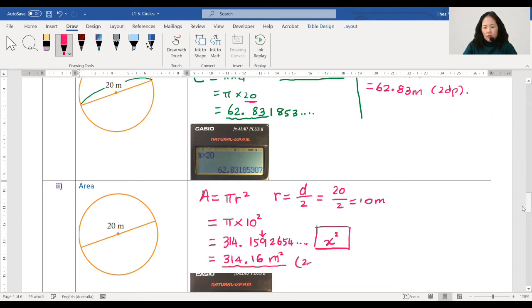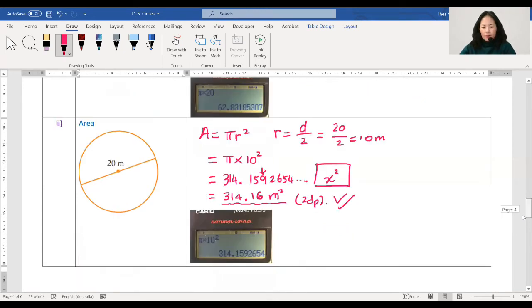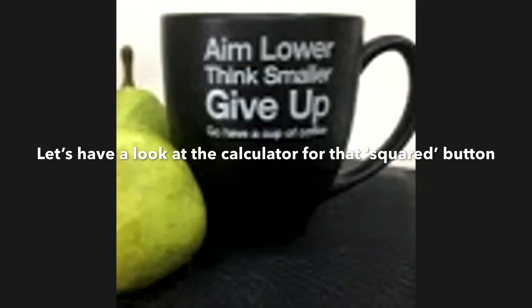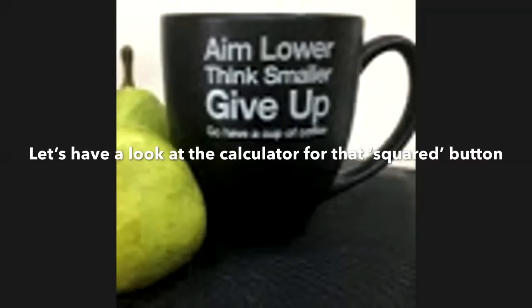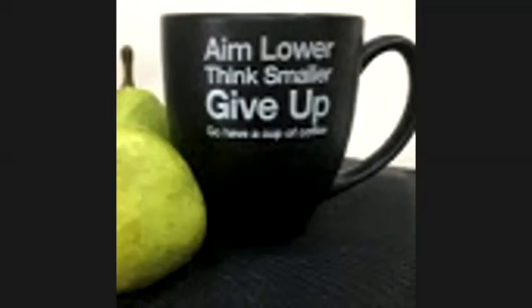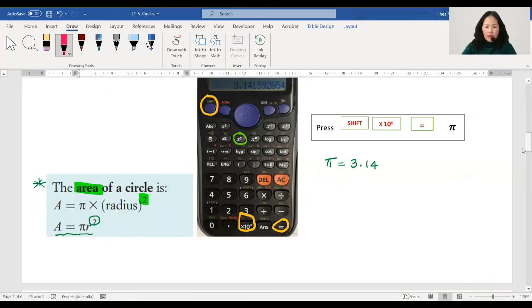If you put that in your calculator, it'll look like this. Can you see that square button here? I'm going to just point it out. That's what you use for finding an area. Okay, square button.